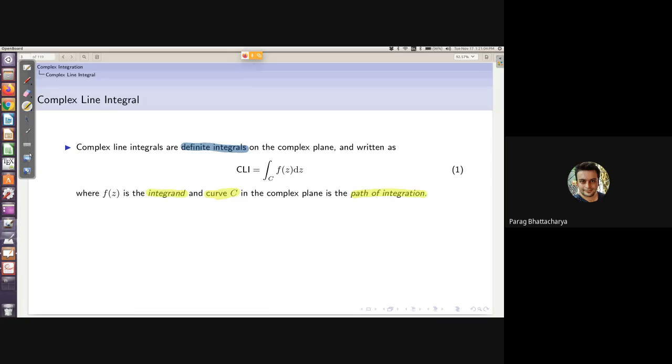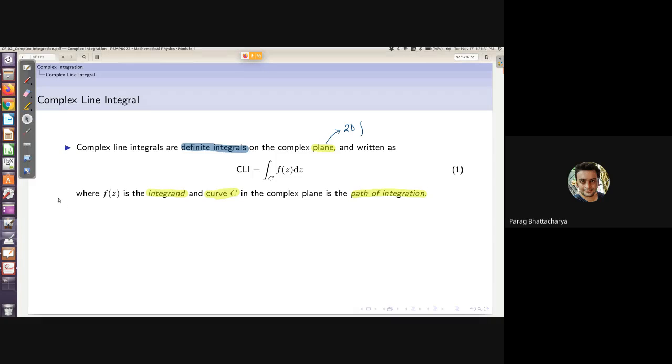Because remember, when we say complex integration, this is integration on a plane. If it is integration on a plane, what this implies is that this is a two-dimensional integration. So if you're talking about a two-dimensional integration, then we need to talk about what is the path over which you are carrying out this integration.